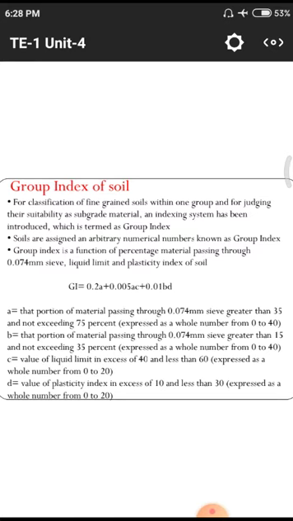Whole number means simply a positive number with a constant value. It is not a fraction or a decimal, only a normal number which lies between 0 and 40. This 0 to 40 we give after conducting the sieve analysis, here with the 0.074 mm sieve. We take a particular quantity of material according to laboratory regulations and conduct the sieve analysis.